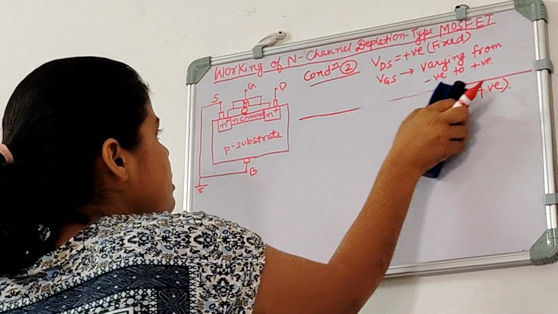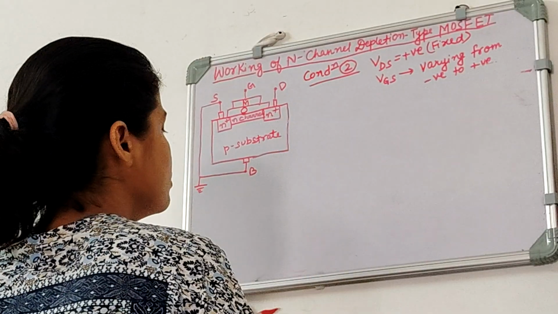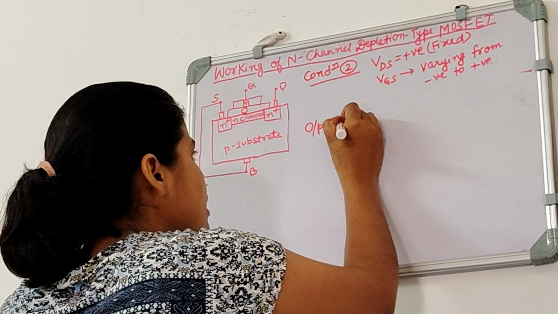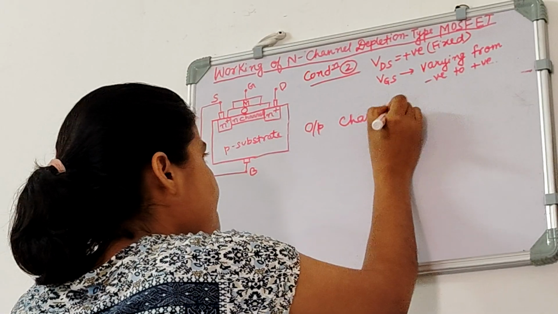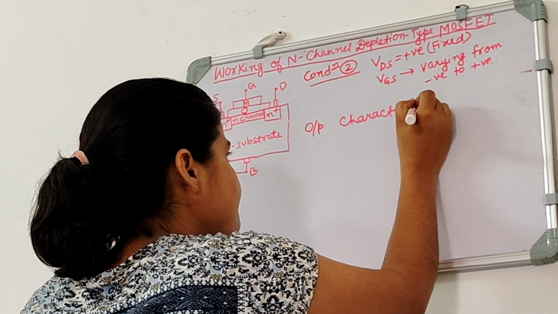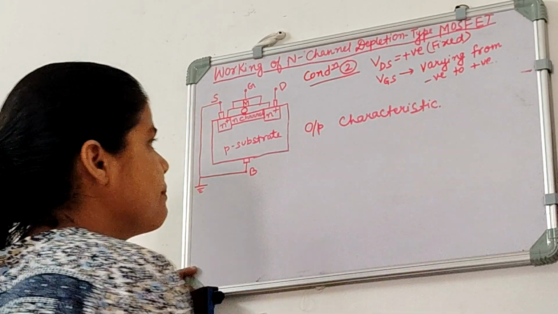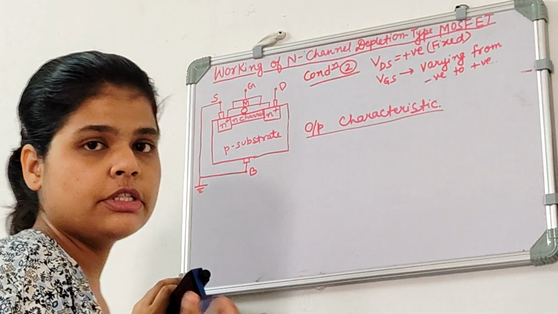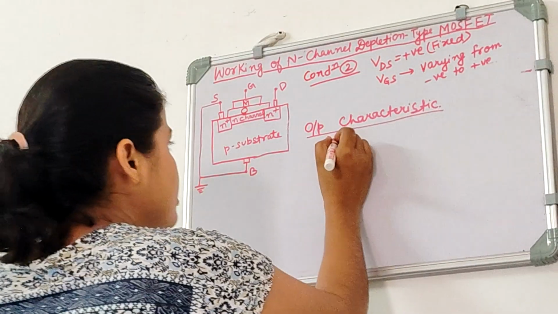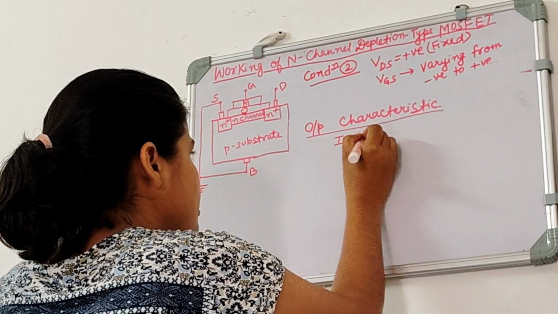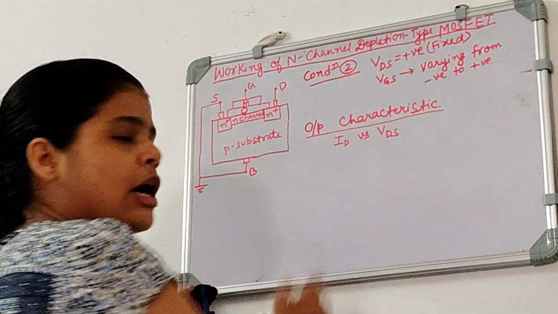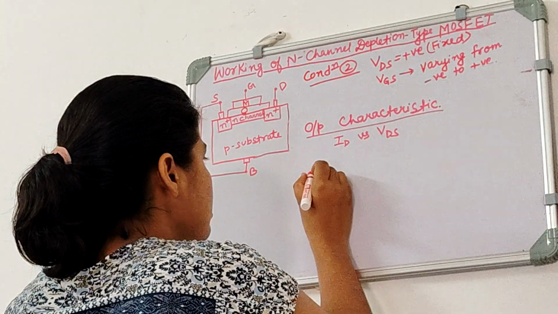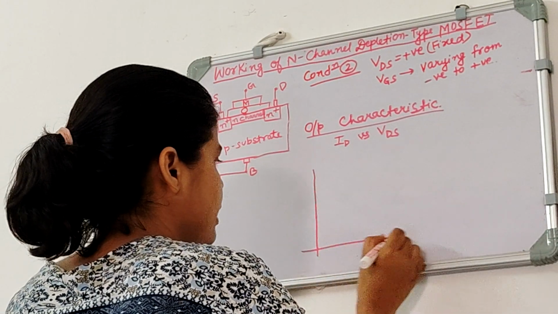Let me move this. So first we will see the output characteristic. It is said to be the output characteristic because here we will see the curve of ID versus VDS, and ID is the output current and VDS is the output voltage. So it will look somewhat like this.